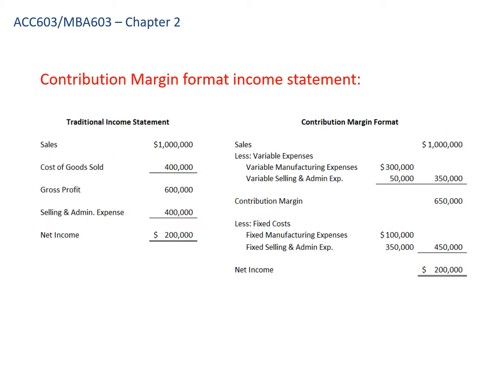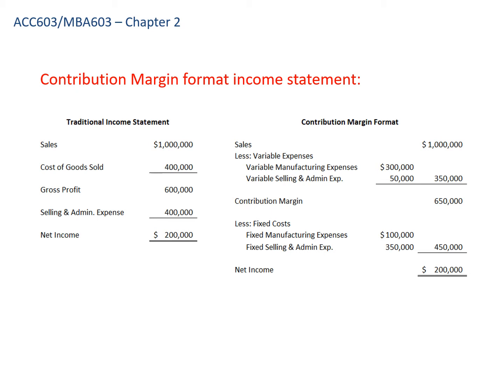So here's something that the book does not explain that I think is really, really beneficial. You'll notice on the left, there's a traditional income statement. That's a GAAP format, normal-looking income statement that you've seen a bunch in classes you've had before. And I've produced a lot of financial statements that look exactly like that.